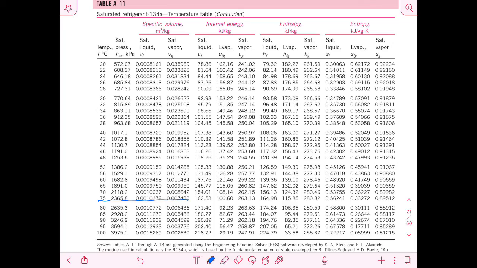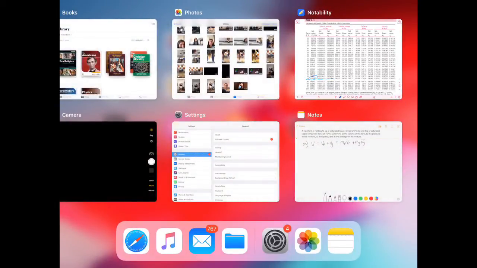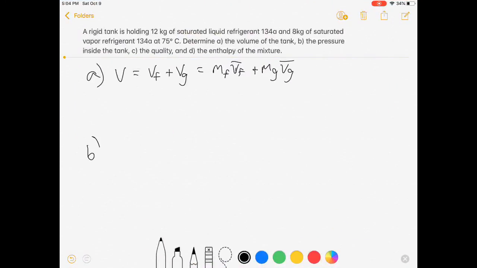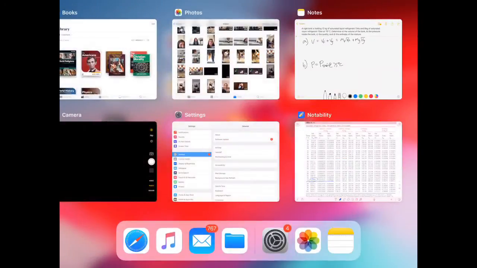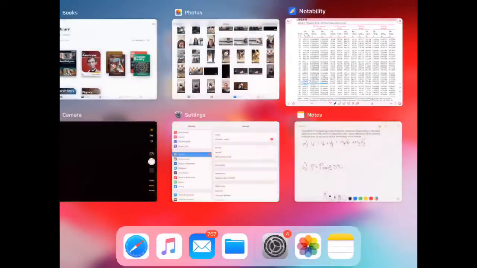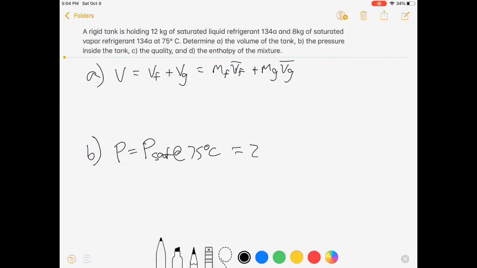It is a mixture, so the pressure is going to be the saturation pressure at 75 degrees Celsius, so we could actually write that down. And that was 2365.8 kilopascals.